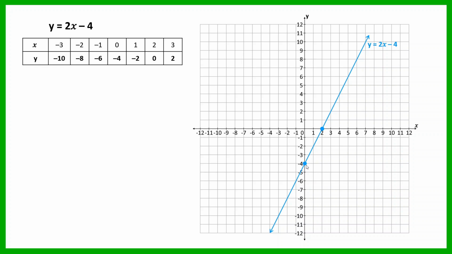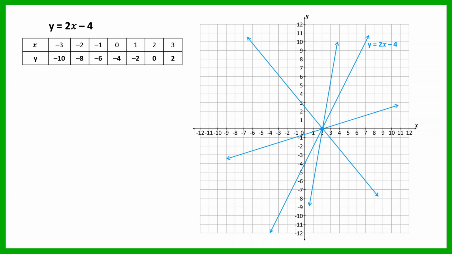If I try and take away another point, I will have a problem though, because if I take away an extra point and I only have one point, then I don't know what direction to draw the line. I could draw a line that looks like that, or that, or that. There's an infinite number of lines that I could draw going through that one point if I don't know what direction to draw it.